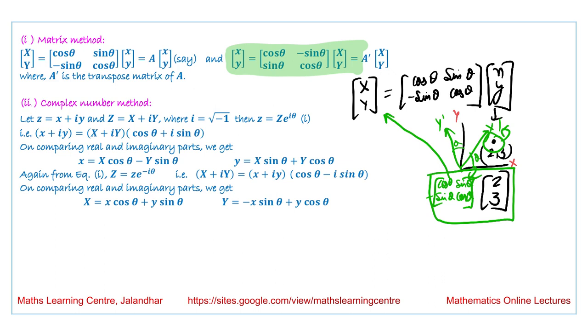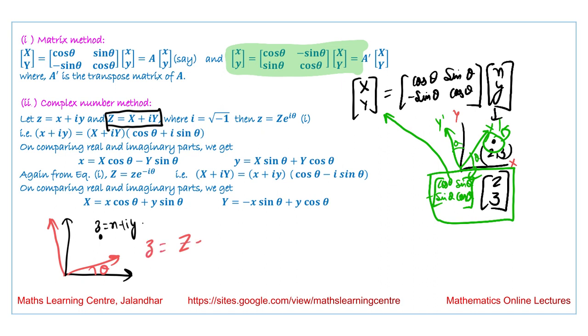Next is the complex number method. Suppose we have complex numbers z is equal to x plus iota y and capital Z is equal to capital X plus iota capital Y, and we are talking about the rotation of the axis by an angle theta. Then small z is equal to capital Z e raised to the power iota theta.